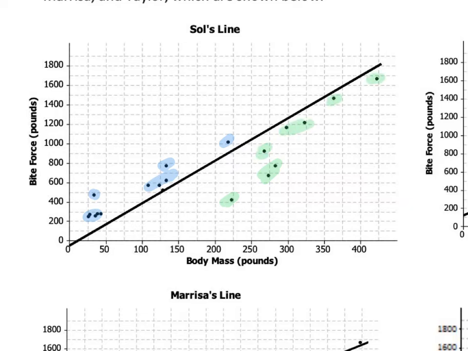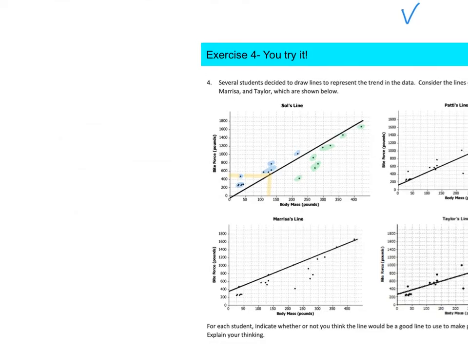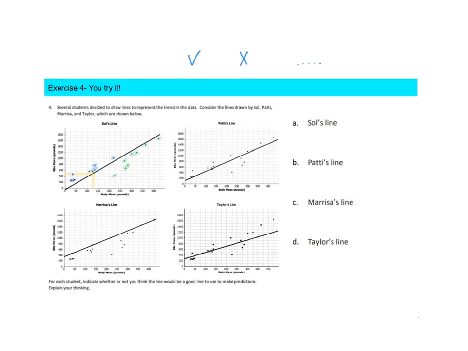In fact, the only one that would hit the line and we would accurately predict would be this point right here. It is the only one that actually lands on the line. So that's going to be my answer: this is a no. And the reason being is that it tends to overestimate and underestimate the bite force.